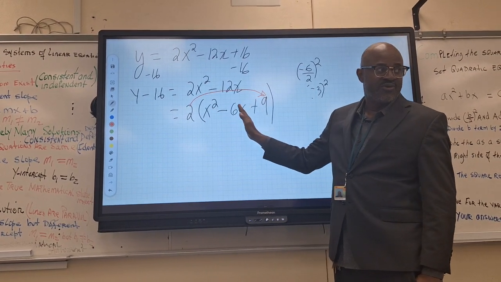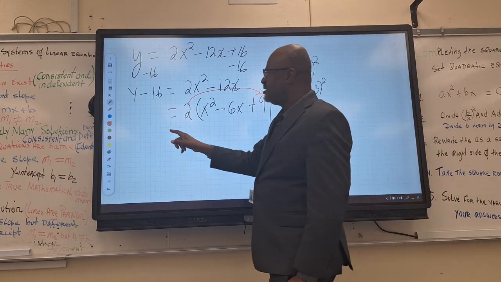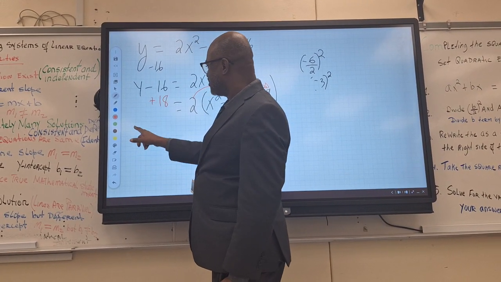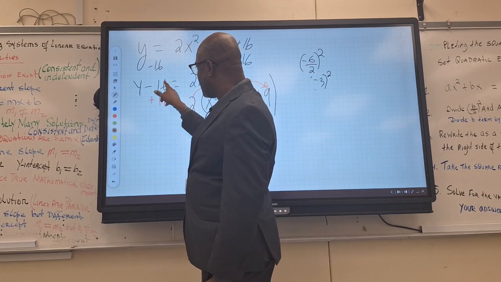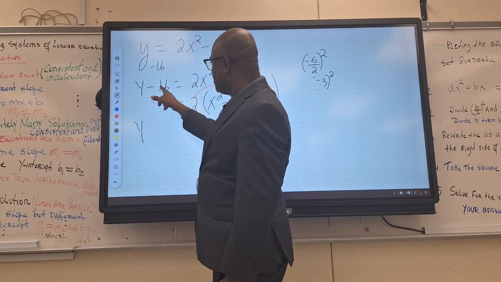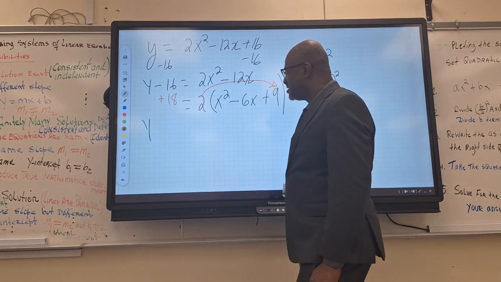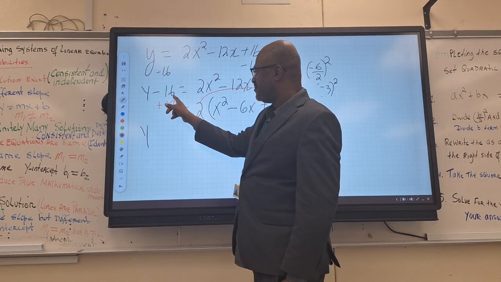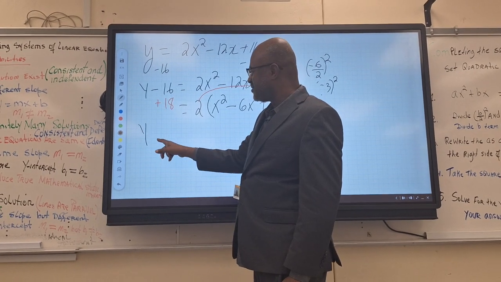In order for your equation to be balanced, you must add 2 times 9 on the other side, which is 18. So now we're going to simplify that side. You will have y minus 16 plus 18. Come on people, minus 16 plus 18, what is that?